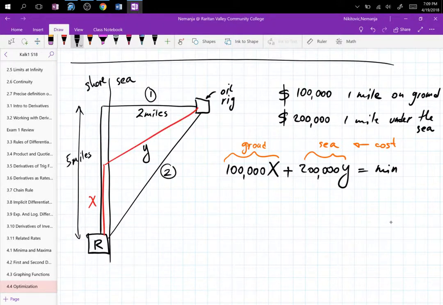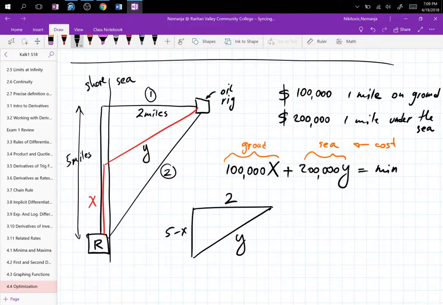Okay, let's draw the triangle on a side. You have y, you have 2, and hopefully you understand that this is 5 minus x, right? If the entire distance from top to bottom is 5, and the red part is x, which is what you're not using, then 5 minus x is over there.